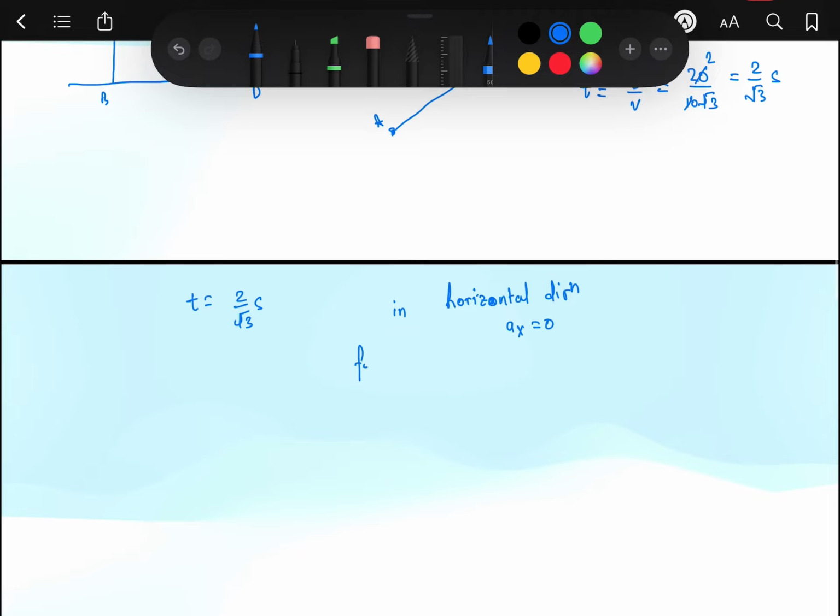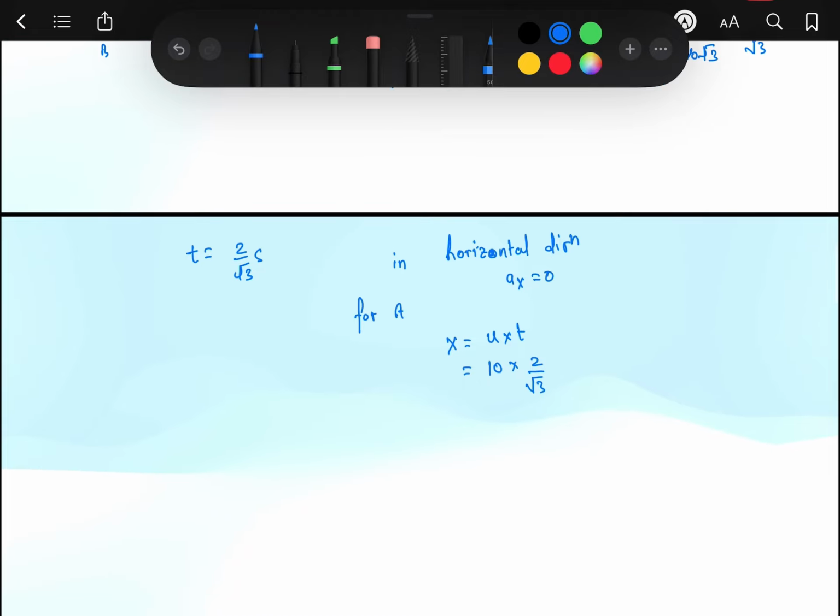So for particle A, x will be equal to the initial velocity in the horizontal direction into the time period. The initial velocity is 10 meter per second, into the time period 2 by root 3. Okay, so our x component will be 20 by root 3 meters.